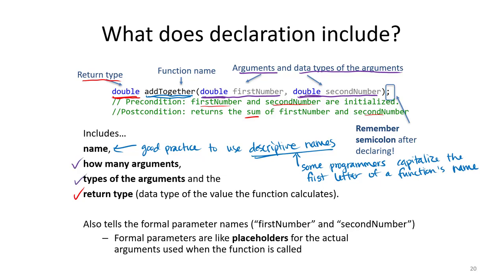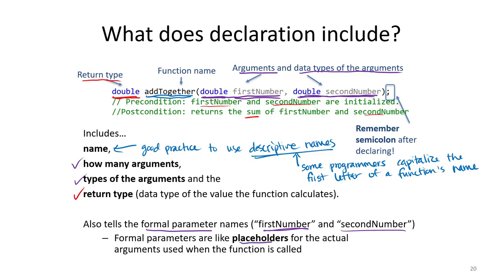So this gives us how many and the type of the input arguments. These names, first number and second number, also have a fancy term that we call them in C++. We sometimes call the names first number and second number a formal parameter.